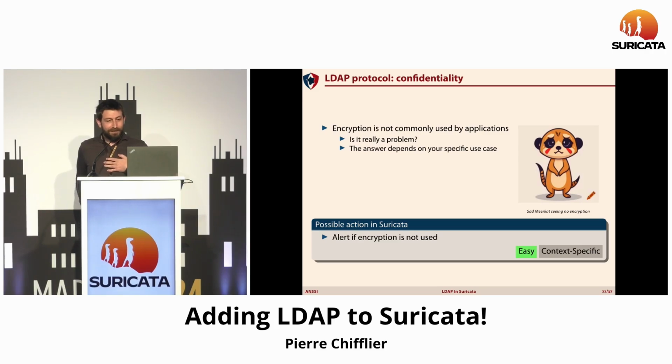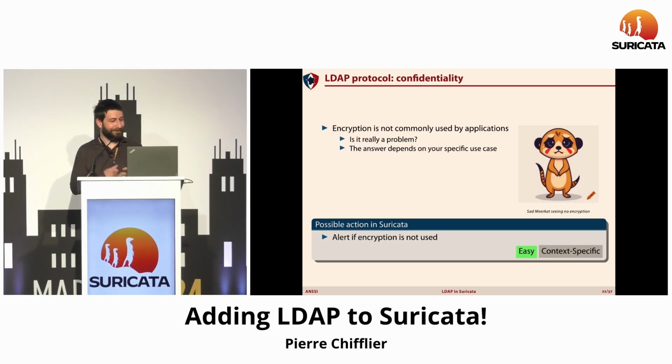Another one is that, in fact, there is TLS, but it's not really used. Even in Active Directory, TLS is not that often used. Why is that? Because in Active Directory, the authentication will not use simple bind, so your passwords are not sent in clear. But where you really need performance, it's faster to not use encryption.